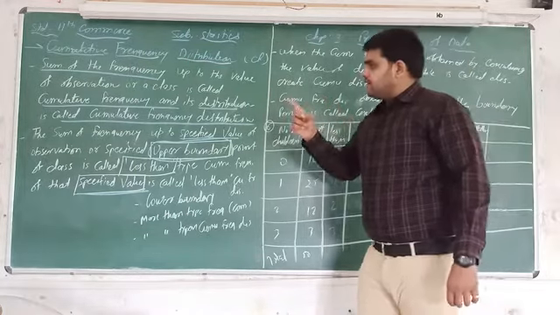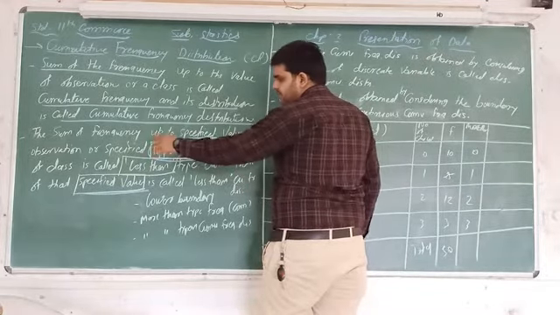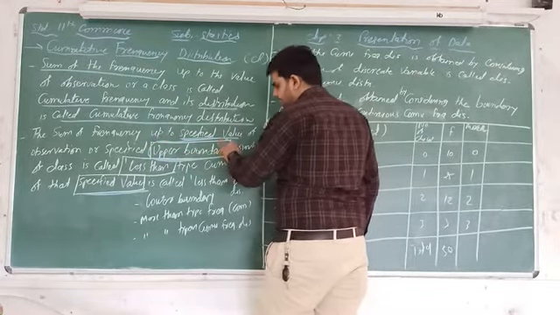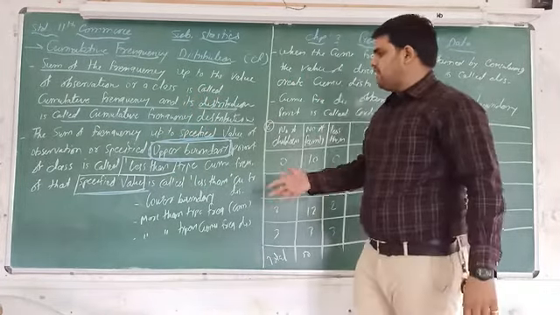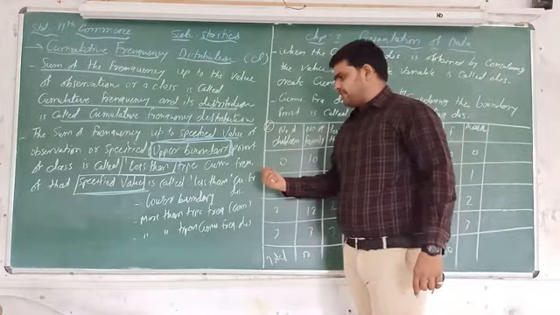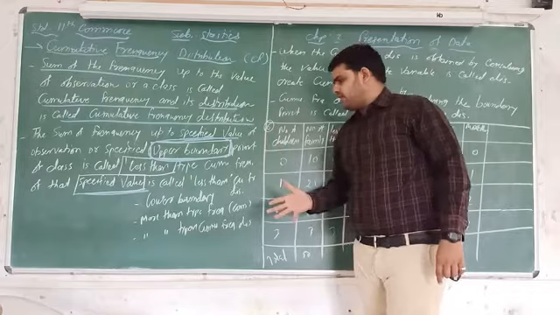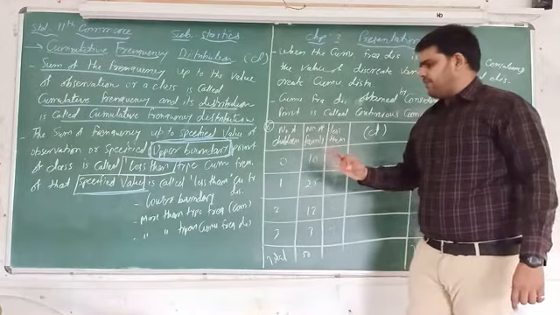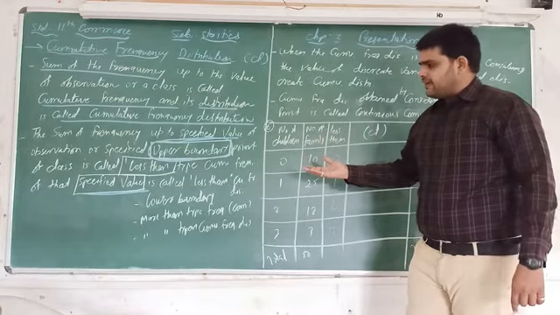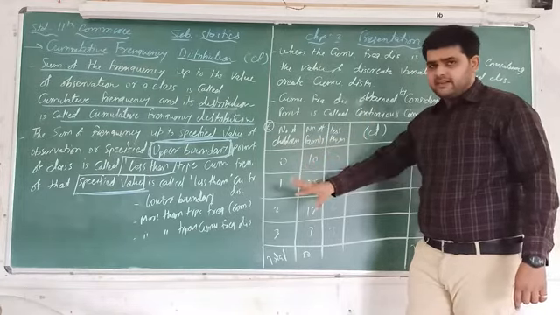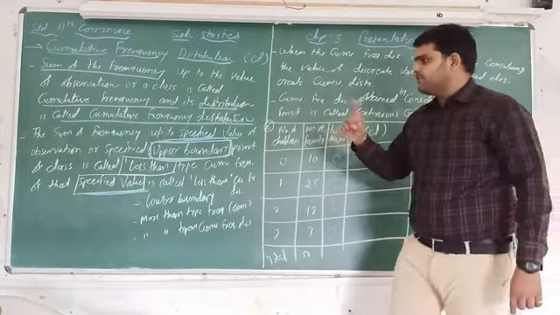Whatever specified value we have to find, that is called the less than cumulative frequency distribution. The same goes for the more than type of cumulative frequency: same definition, only some words change.